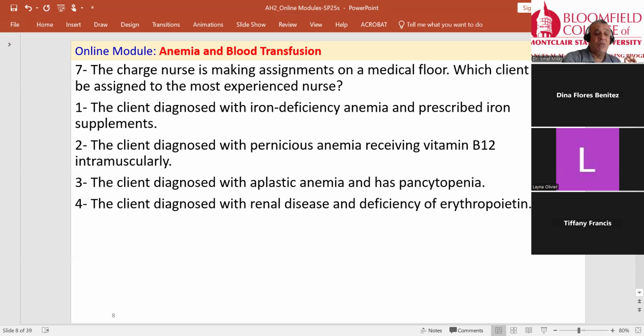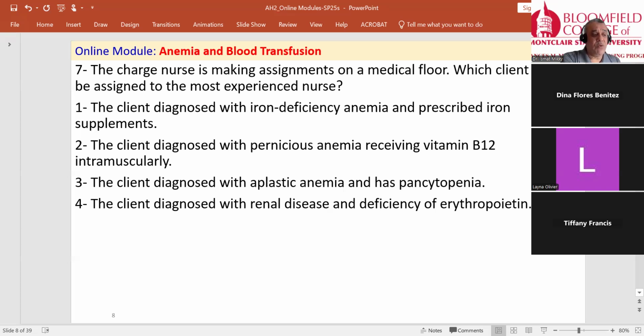However, pancytopenia is a condition that develops in patients diagnosed with aplastic anemia, and they have everything very low: white blood cells, red blood cells, hemoglobin, hematocrit, platelet count.